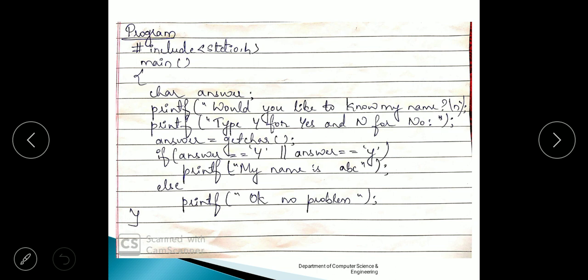One program is given here, hash include stdio.h. You know why we are using this, because we are using printf statement in our program, right? That's why we have to include the header file stdio.h, and our program starts from main. What we are doing here is declaring a variable called answer as character type.